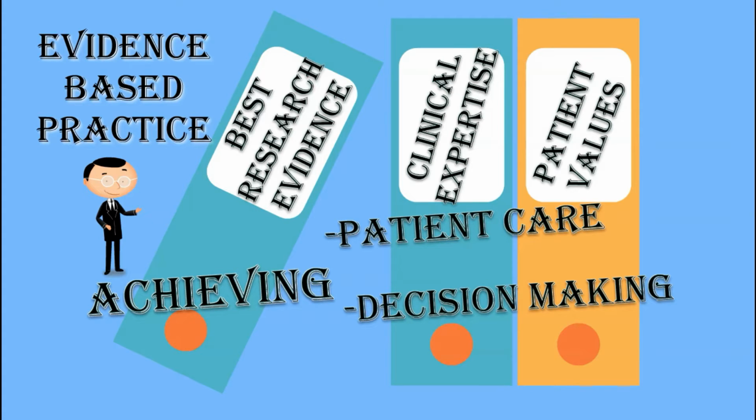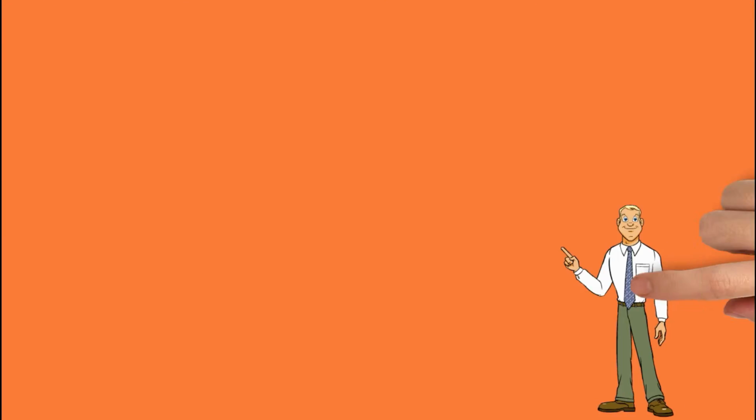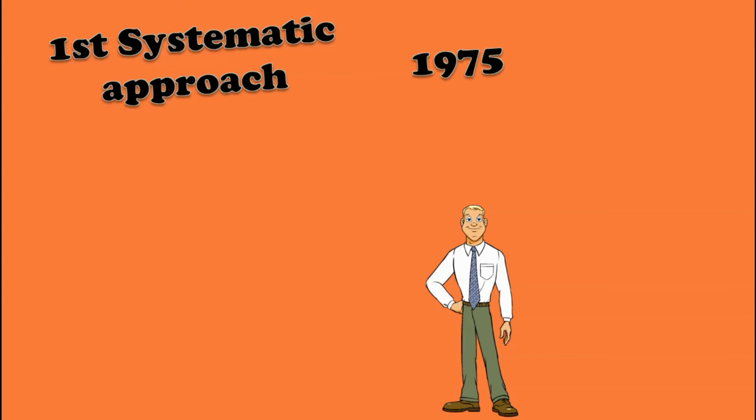Remember guys, kailangan nating sundin kung paano yung pagkakasunod-sunod para mas maganda yung flow ng pagbigay natin ng information sa ating pasyente. Before knowing the framework for EBP or evidence-based practice, let us be familiar with the very first systematic approach, which was first developed in 1975.